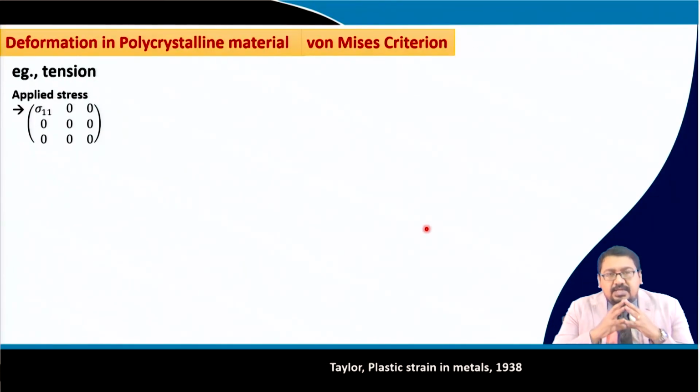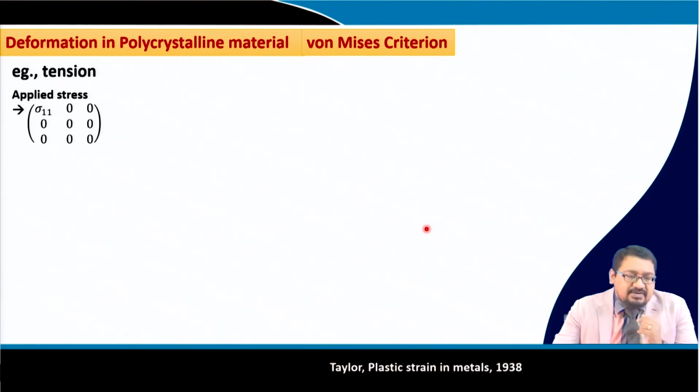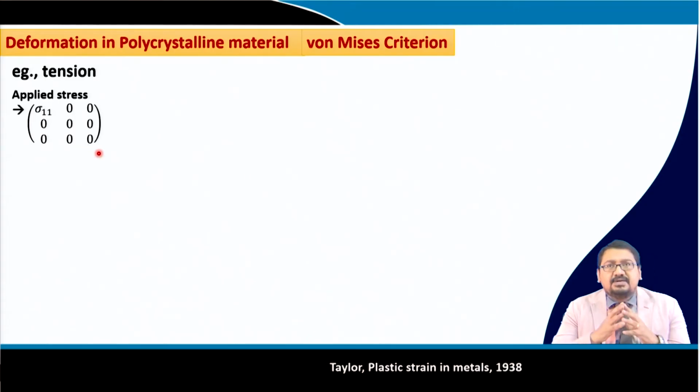In case of polycrystalline material, the deformation will be relatively different from what the Sachs model has predicted, right. We have always given the example of a tensile test, because it is the easiest way to show how the material deforms during the process.